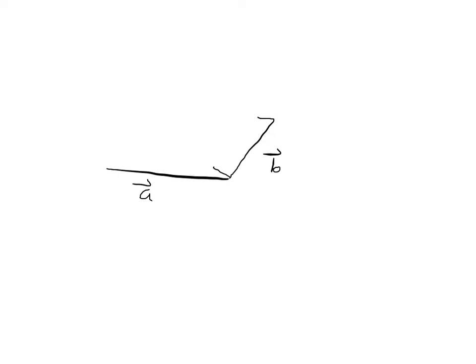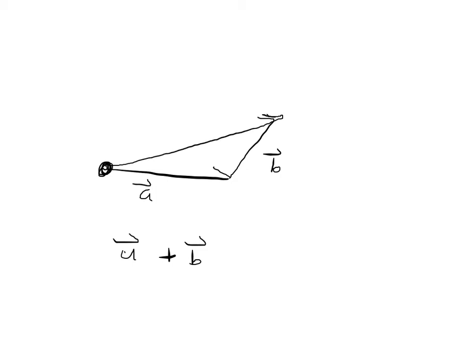Let's suppose I want to add vector A to vector B. What I do is place, making sure that I keep vector B the same length and pointing in the same direction, I'm simply going to place the head of vector A on top of the tail of vector B, and then the resultant vector is going to be from the tail of A up to the head of B.